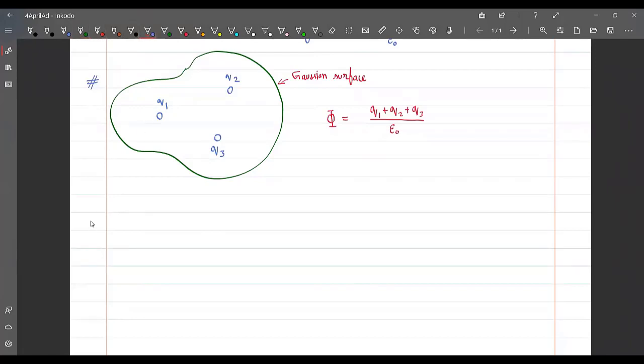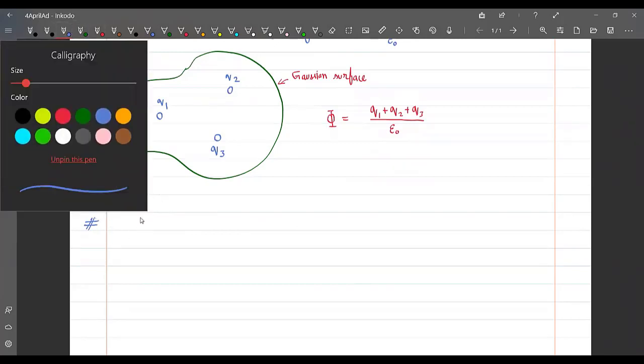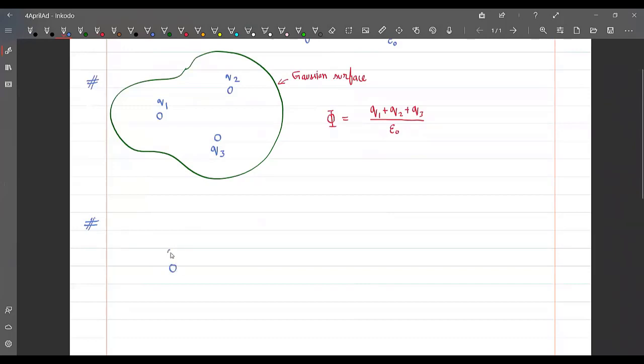Taking a different scenario, let us say I have my charges arranged like this. Let us say the second charge is negative. Third charge is also negative. And our Gaussian surface is arranged like this.